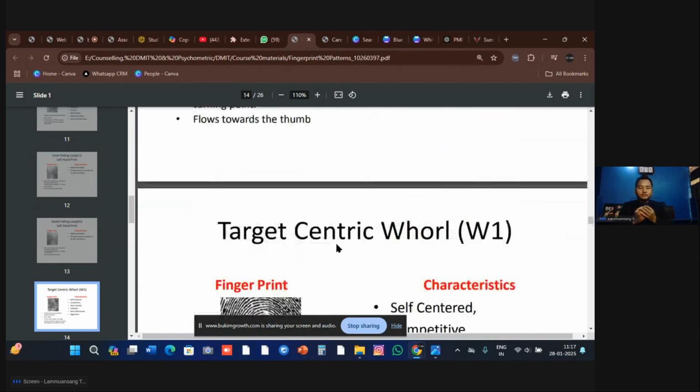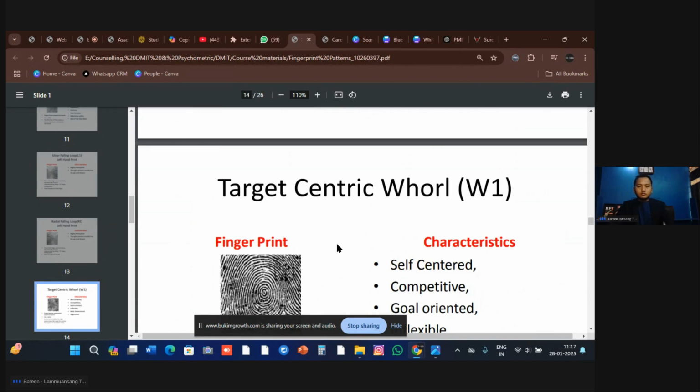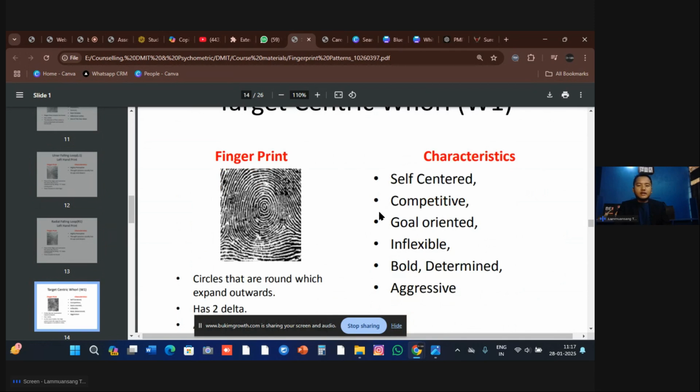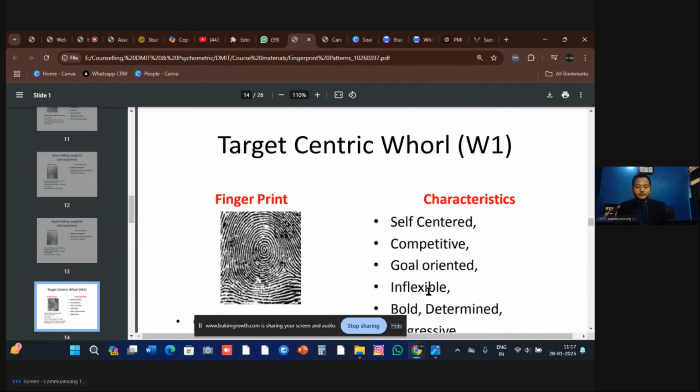Okay, we have finished two personality types: influential, that is X1, X2, X3, X4, and loops, that is steady personality. Now let's go to dominant. Dominant has the maximum fingerprint types: W1, W2, and all the others.